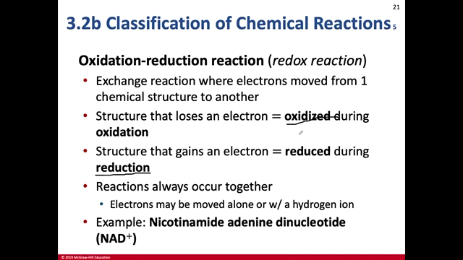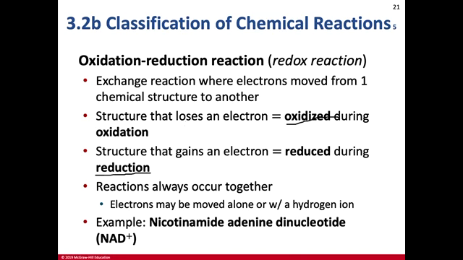Oxidized means that it's losing electrons and losing energy, and reduced means that it's gaining electrons and gaining energy. These two things always have to happen together because the electrons can't simply leave the molecule being oxidized and disappear. They have to go somewhere.